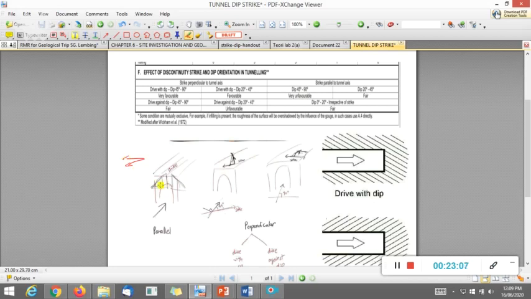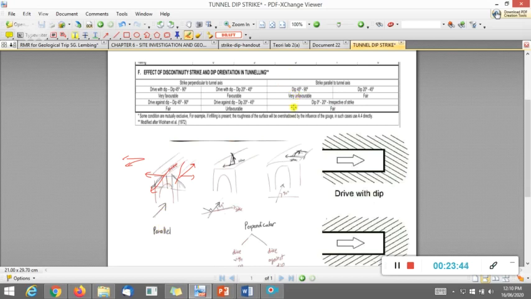For this one, the dip is here, so that's why your strike is here. So right now the strike is parallel to the tunnel driving, or tunnel axis. Or if you turn it back using your right hand rule, if the dip is here, your strike will be here, still parallel to the tunnel axis.